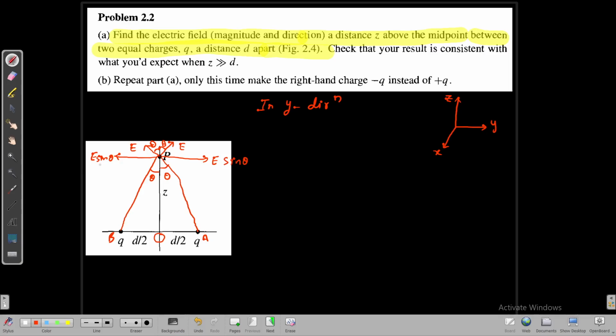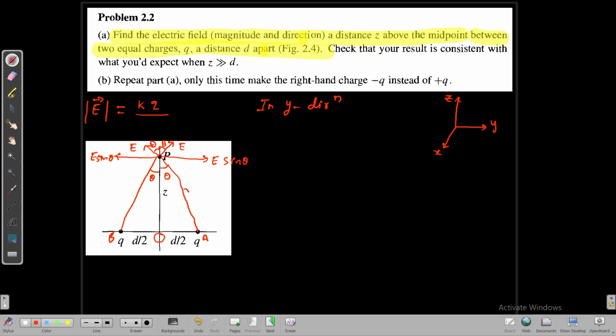Now, what is E here? Let me write the magnitude of E. Just the magnitude will be K, as you know, 1 upon 4 pi epsilon naught, so K q over r square.